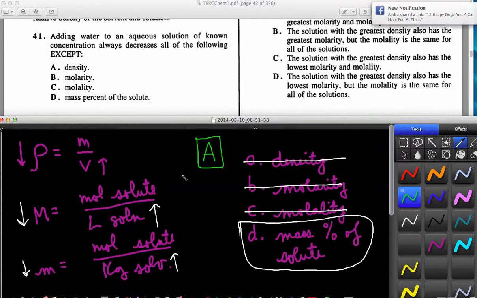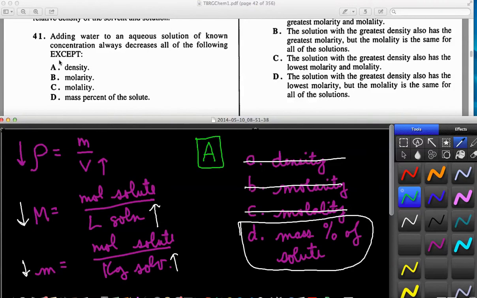Has to. If it is a pure substance, the wording of the question is very ambiguous, so I would approach this cautiously. Now, being fair and looking at D, the mass percent of the solute is going to change as well because less of your solution is going to be solute and more of it will be solvent. Just something to keep in mind.